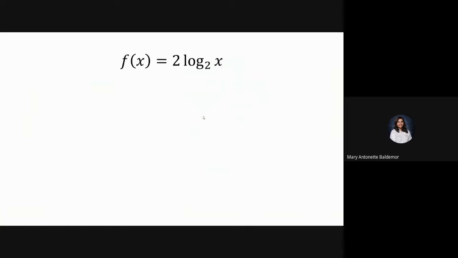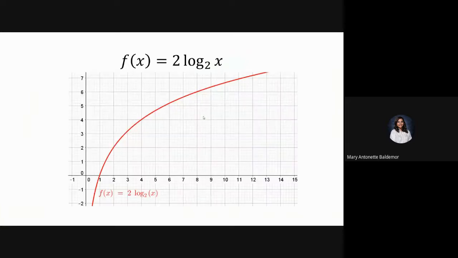So assuming that we're able to do the listing of the table of values, here's now the graph. So we are going to observe the graph of f of x is equal to 2 times the logarithm of x with base 2.